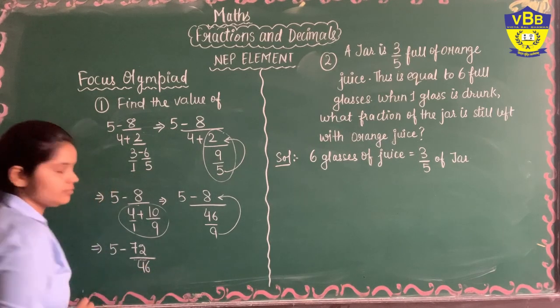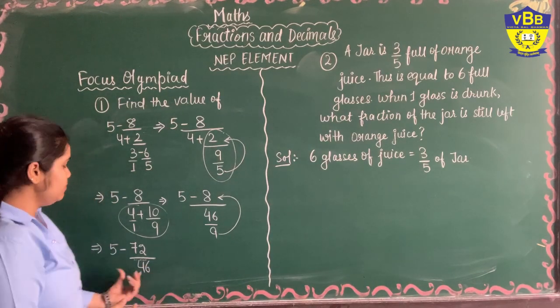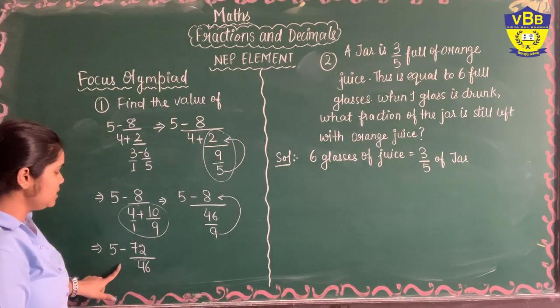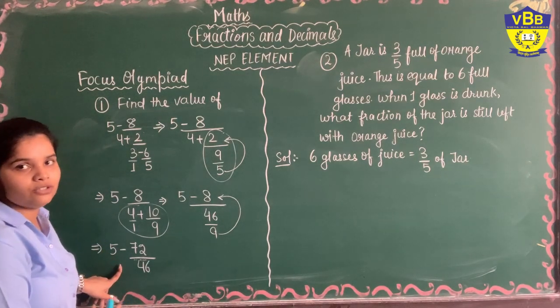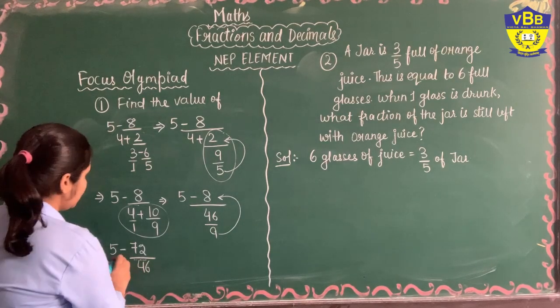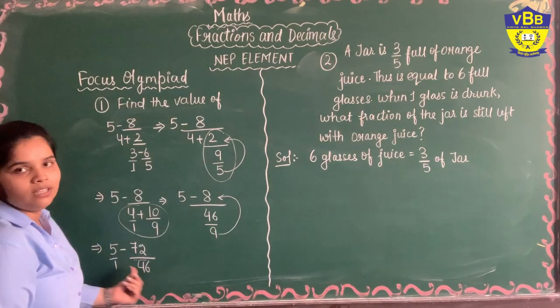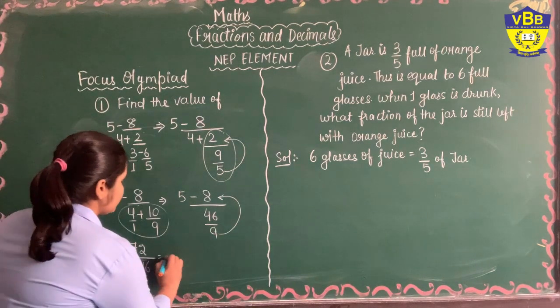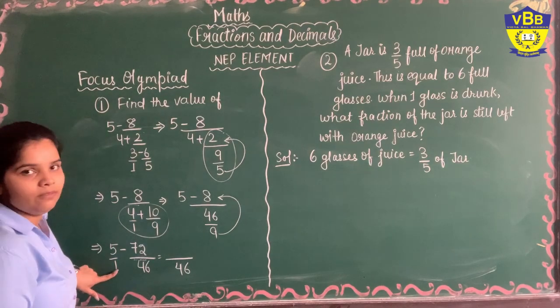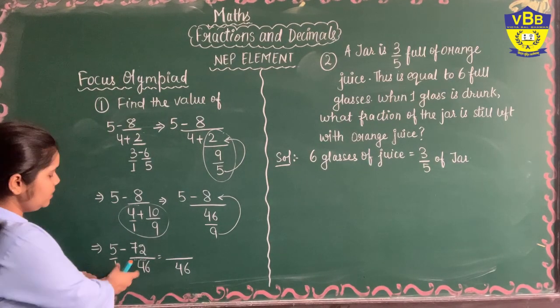46. Now it is a simple arrangement. We have changed this arrangement into a simpler arrangement. Now you can simply solve it, subtract these 2 fractions by taking the LCM again. LCM of 1 and 46 will be 46. You will multiply this 1 with 46 to make them like fractions.